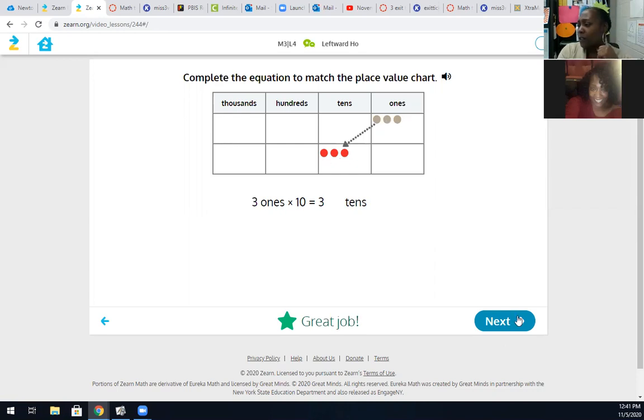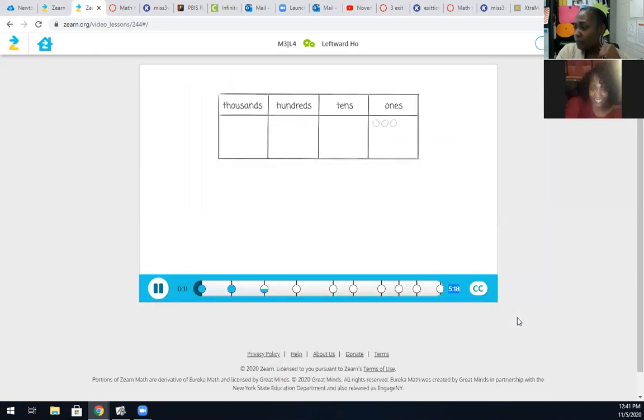There was one group of 3 ones on this chart. Lucas, how can I represent multiplying these 3 ones by 10? You can move the discs over to the tens place, and that will give you 3 tens. Moving discs 1 column to the left in the place value chart multiplies them by 10.